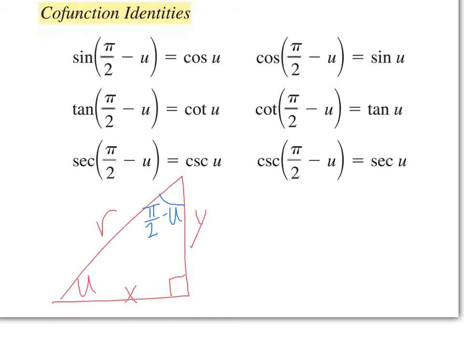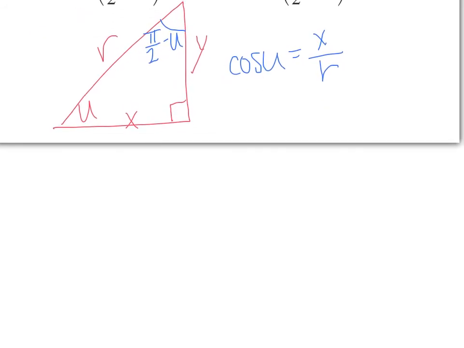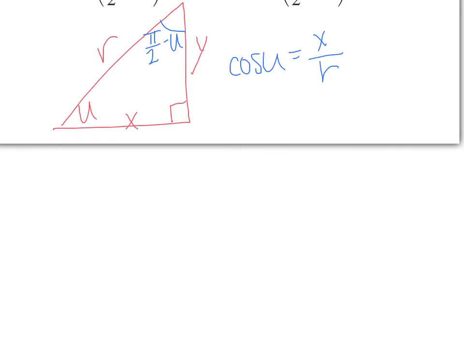Now, if I'm looking at cosine u, that's going to equal adjacent over hypotenuse, x over r. If I turn this now and look at sine of pi over 2 minus u, so now I'm going from the other angle, opposite over hypotenuse.